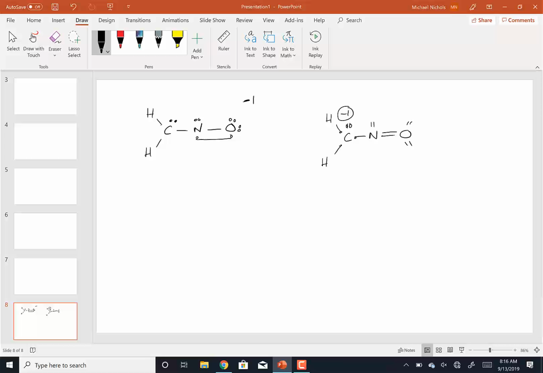My choices are, I could move this pair of electrons to the right, or I could move this pair to the left to form either an NO triple bond or a CN double bond. Let me start with taking the lone pair on the carbon and moving it to the right. I'm going to use it to form the CN double bond.